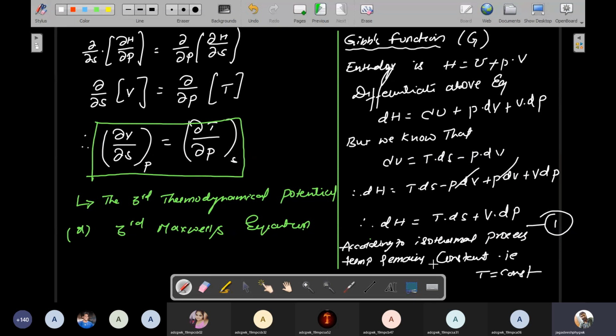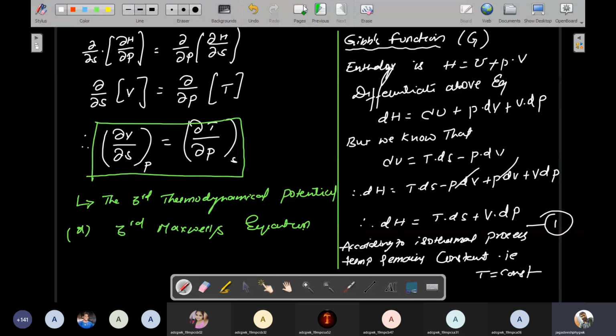Please note everybody, if this T is constant, then what will happen? The T is moving inside the derivative. So the d is moving inside, then differentiate T times S. T is a constant, so whether the constant is taken outside or inside, there is no difference.